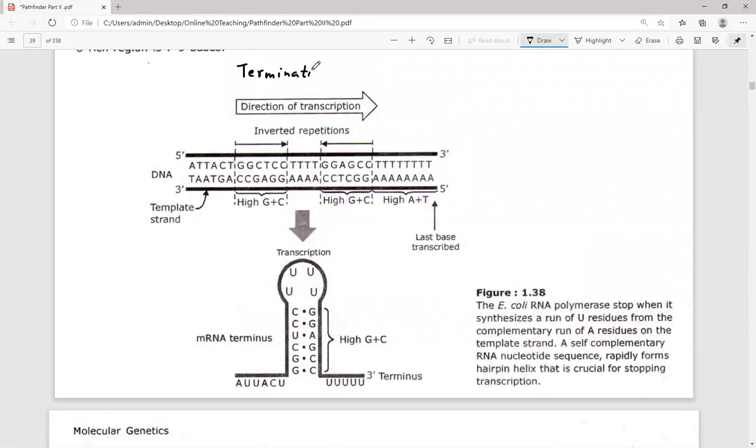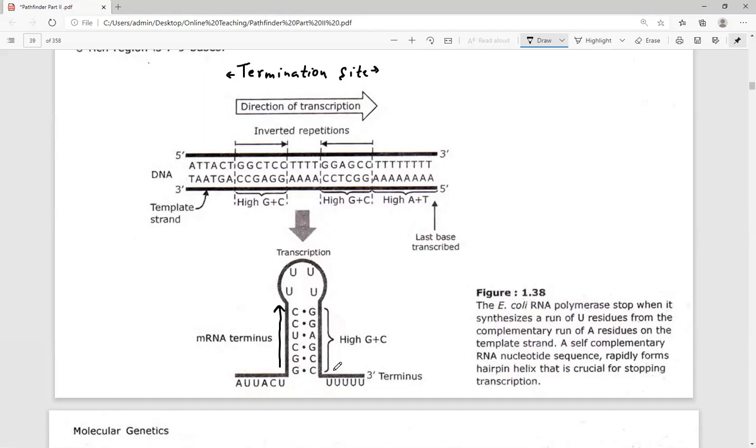This is the termination site, where the process of termination takes place, and this termination site has two inverted repeat sequences. These inverted repeat sequences can base pair with each other. This is one inverted repeat sequence, and there is the other.